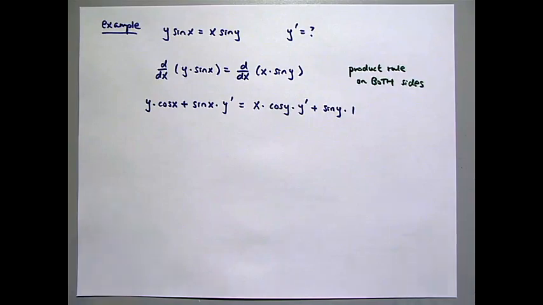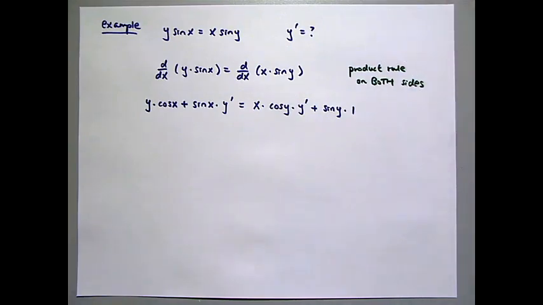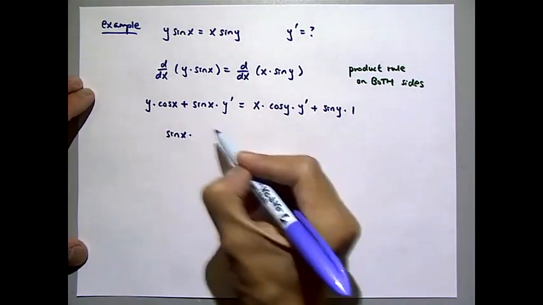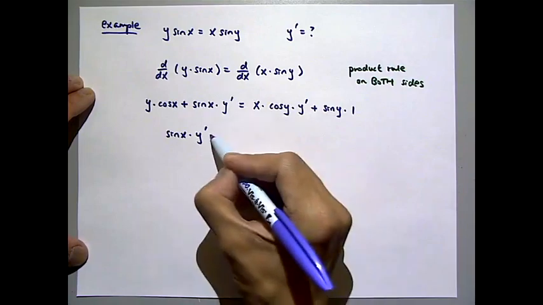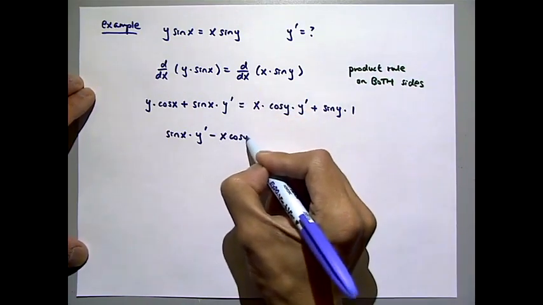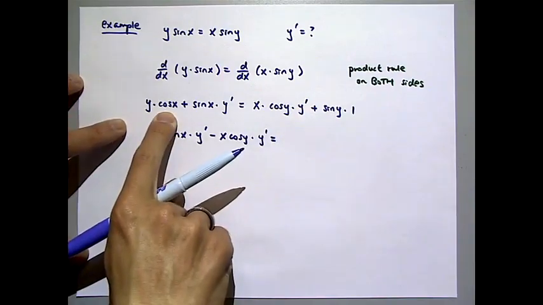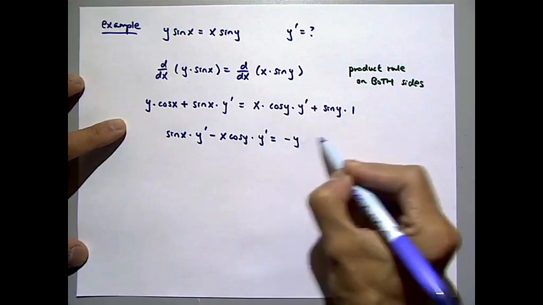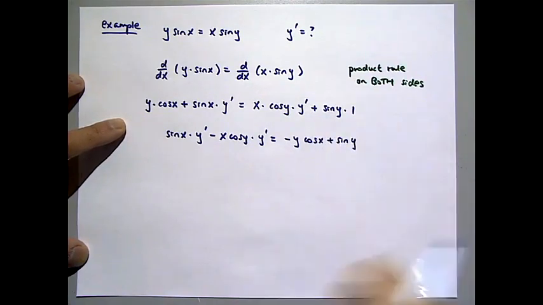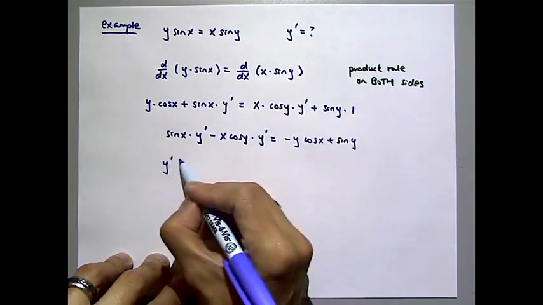Okay? Now what's left here is not very hard. Just find out what y prime is equal to. Bring everything that's got y prime in it to the left or to the right. It doesn't matter. So let's bring this guy over. We'll move this to the right. We want y prime, so let's factor that out on the left.